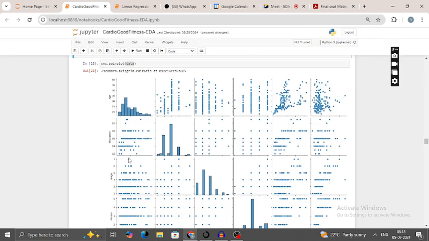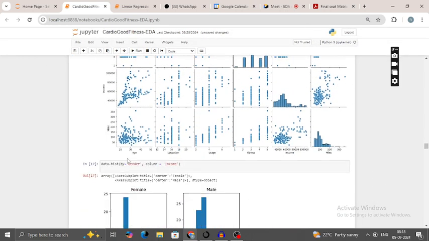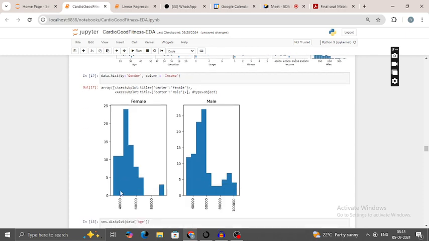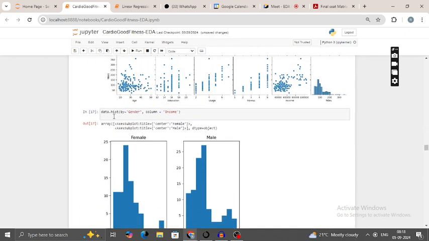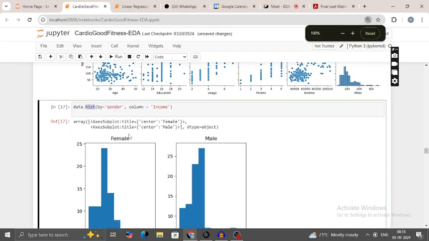So that is about the pair plot. Similarly, you can plot the histogram. You want distribution; distribution means one variable should be categorical, like gender, and one should be numerical, like income.